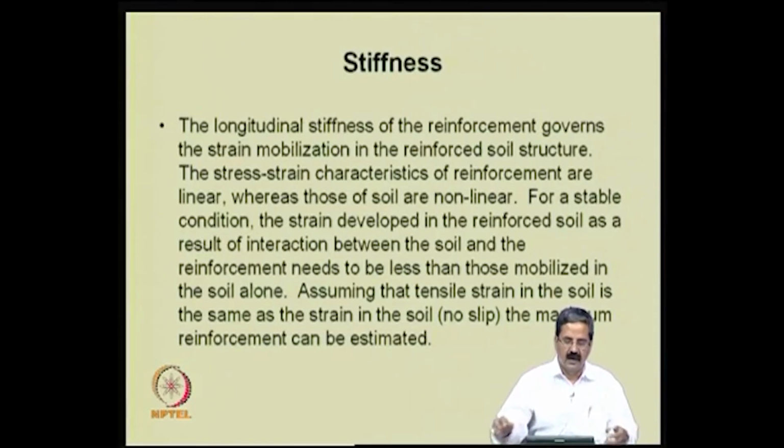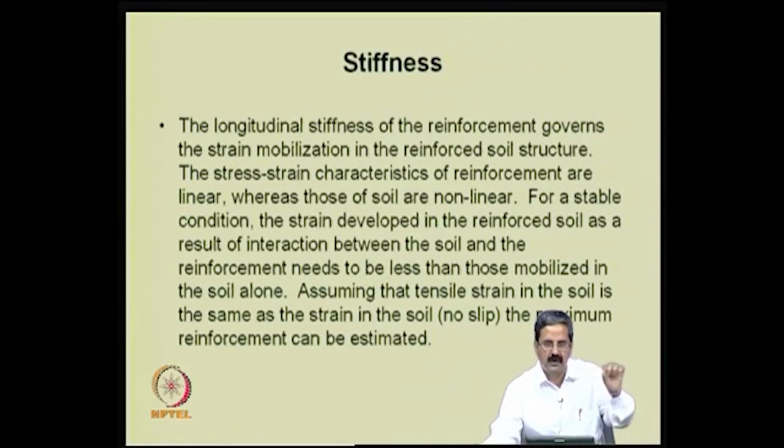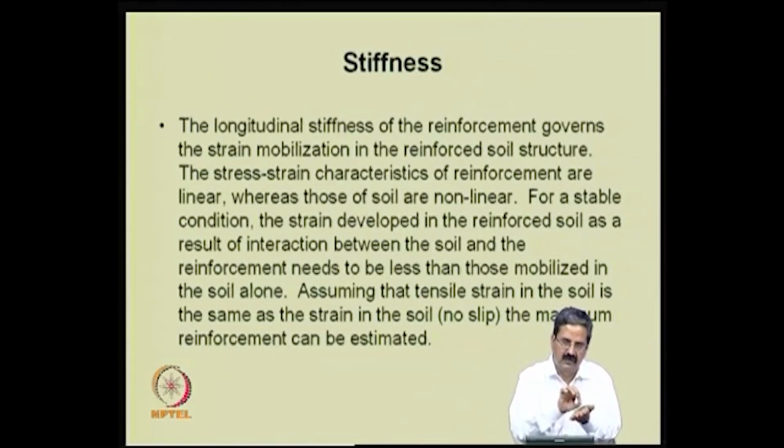So, what you are expecting is that there is no slip between the soil and reinforcement. If you apply some load, strains are mobilized both in soil and reinforcement. They must work together, they move together: the soil has some strain, and the reinforcement also has the same strain, which is what is called strain compatibility.